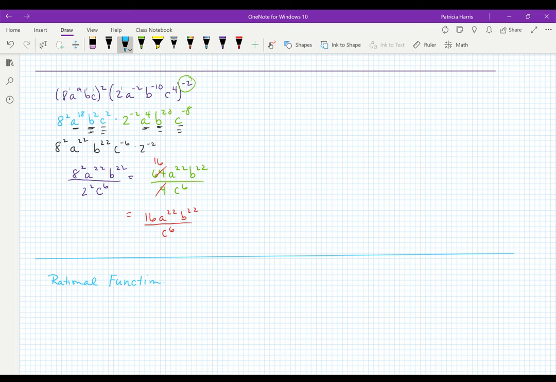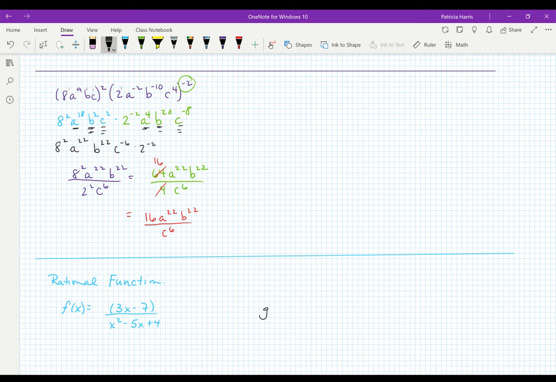So we need to take these two functions, and I'm going to write them down both. And I'm going to go ahead and find the domain of both, even though I know the second one asks for vertical asymptotes.